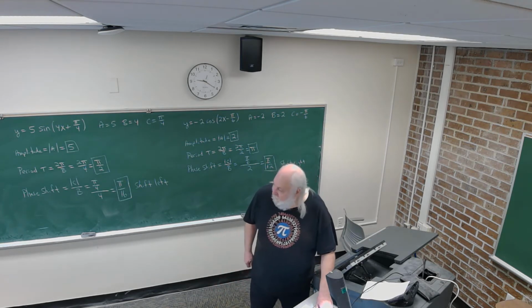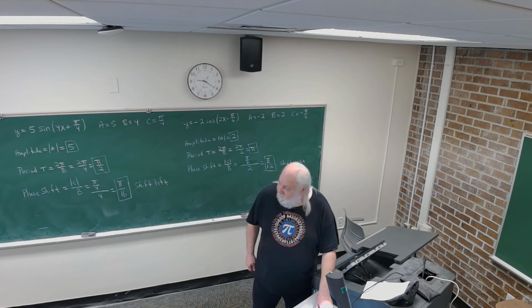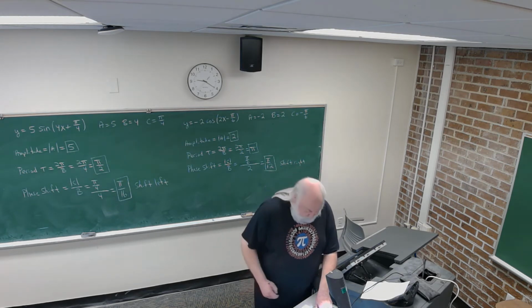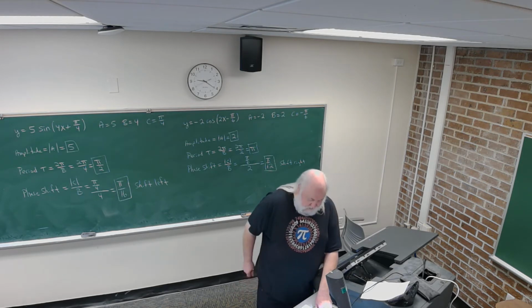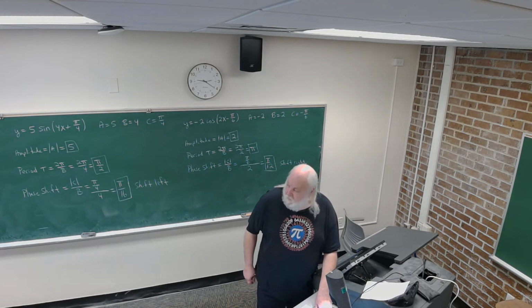You gotta fill in some blanks. We can fill in two of them really easily right now. Amplitude is the absolute value of A, which is 3. So the graph of this transformed sine function is a vertical stretch of 3.